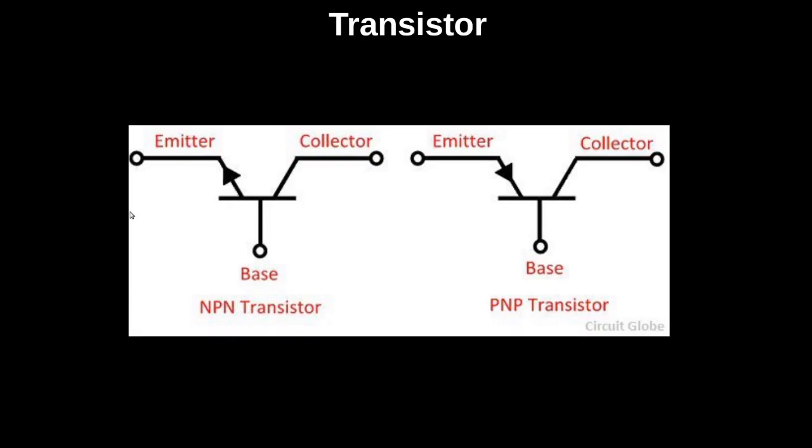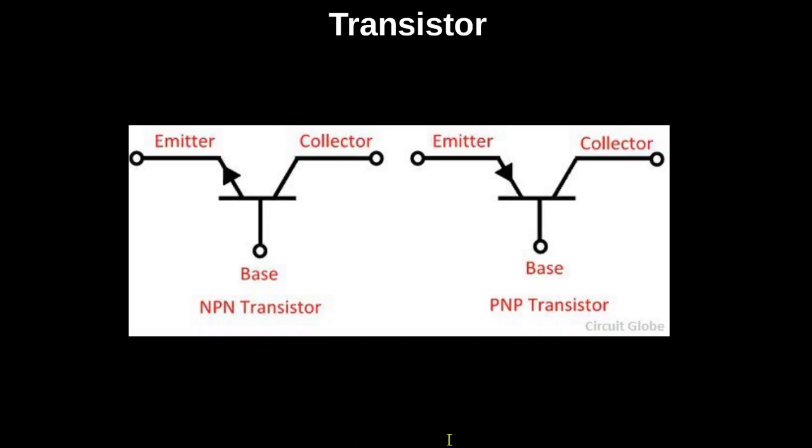Next section is the collector. The collector, as the word suggests, collects. What does it collect? The section that collects the major portion of the majority charge carriers supplied by the emitter is called the collector. The collector base junction is always in reverse bias. What is the function of the collector?